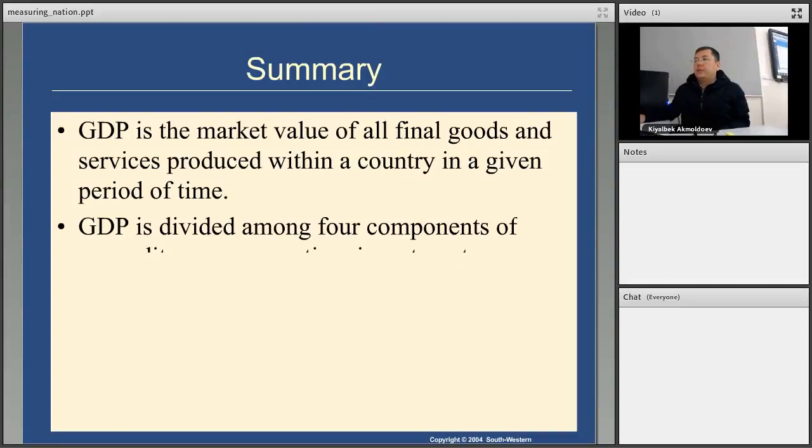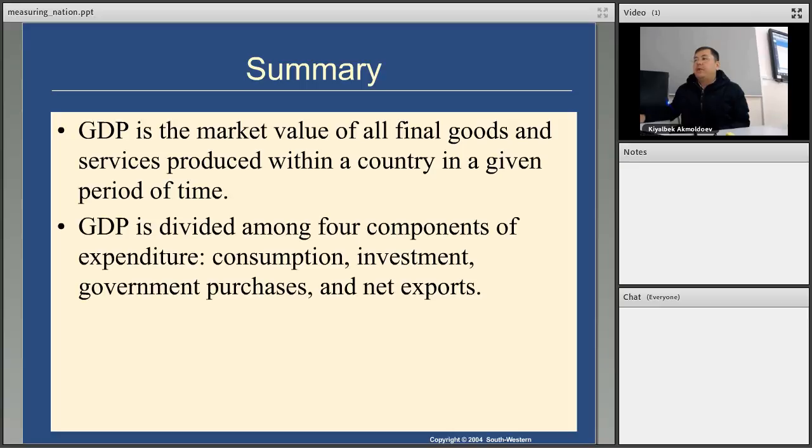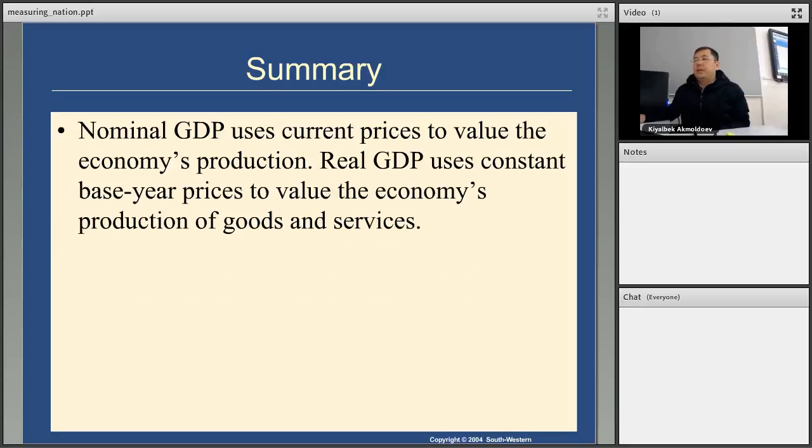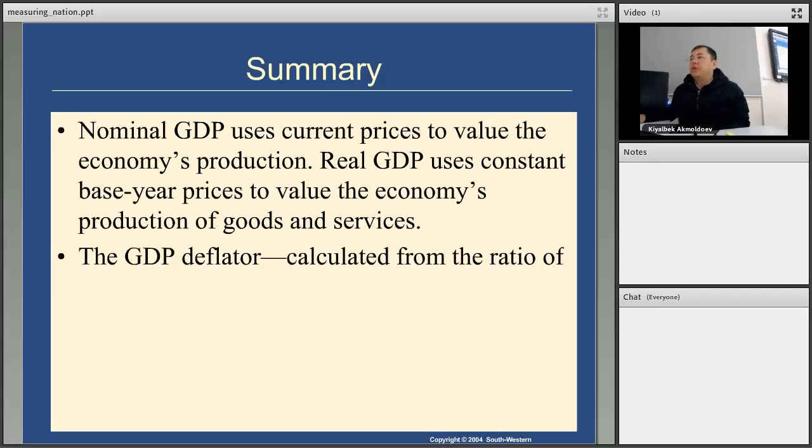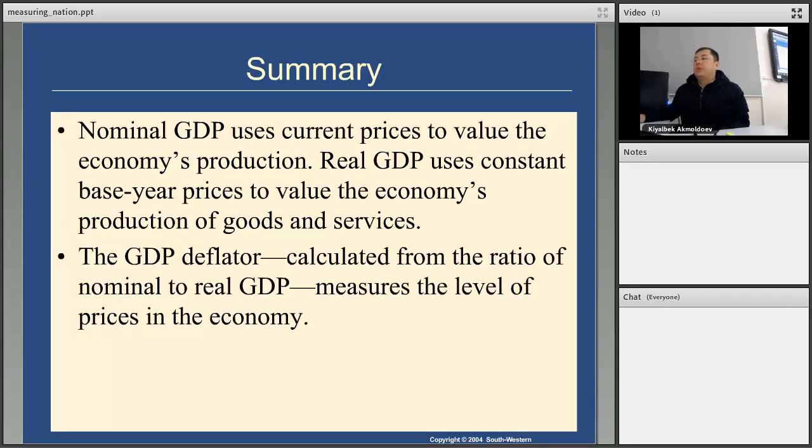To summarize, GDP is the market value of all final goods and services produced within a country in a given period of time. It is divided among four components of expenditure: consumption, investment, government purchases, and net exports. Nominal GDP uses current prices to value the economy's production. Real GDP uses constant base year prices to value the economy's production of goods and services.